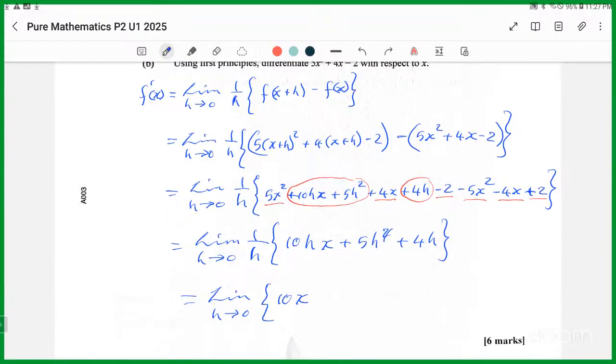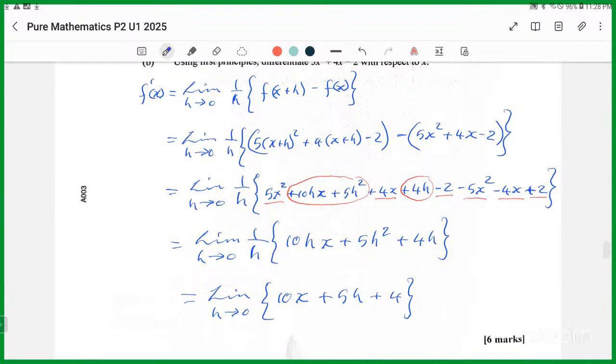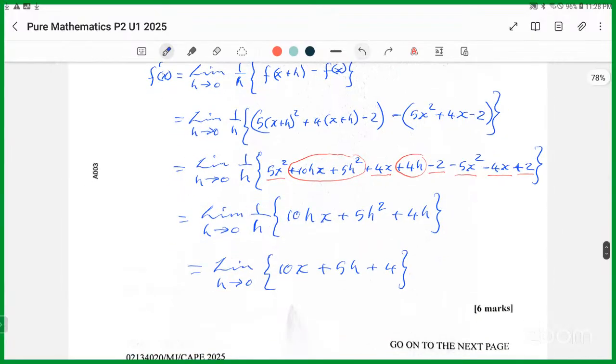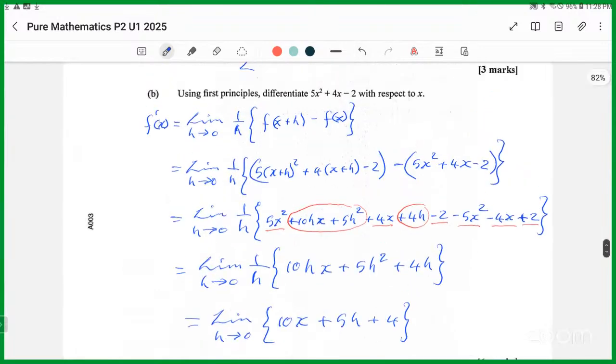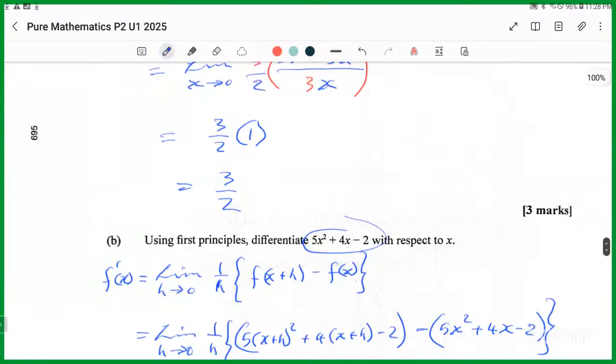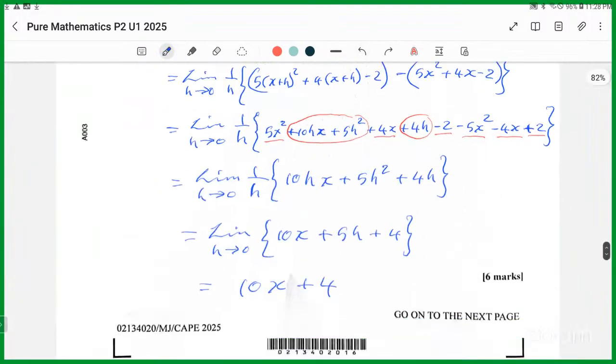Cancel away one of the h's, I get 5h. Cancel away this h, I get plus 4. Because I've gotten rid of the h, I can apply h equals 0 right there. And I know that this opens up into 10x plus 4, which is what you get when you differentiate this thing. 10x plus 4. That is it.